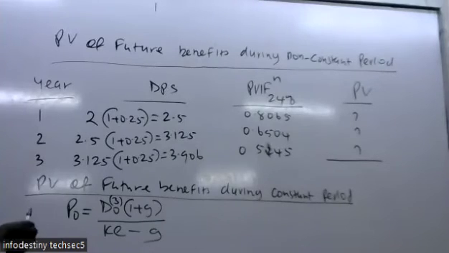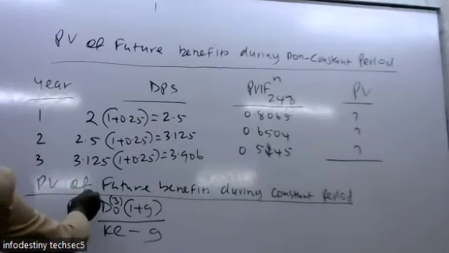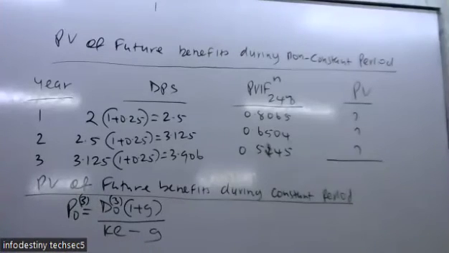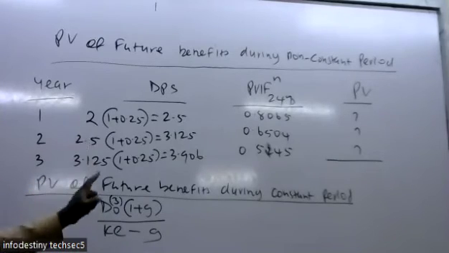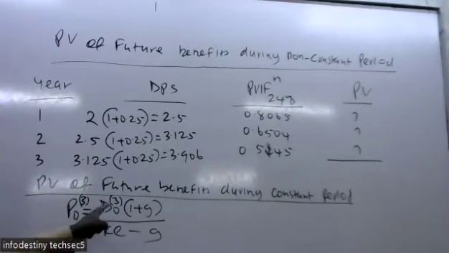Which also means that our P0 is in which year? In year 3, because they are D0 and P0. So that will be the dividend in year 3, and this price is also in year 3, but we require it in year 0.